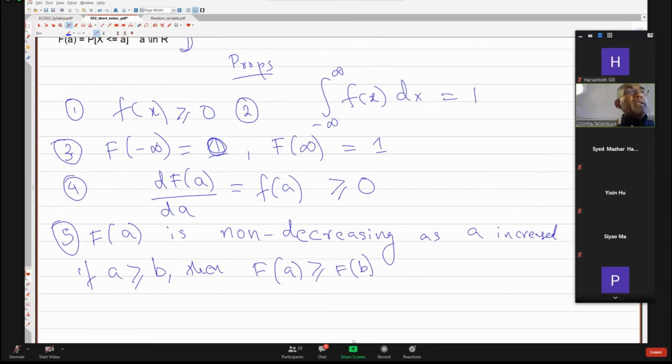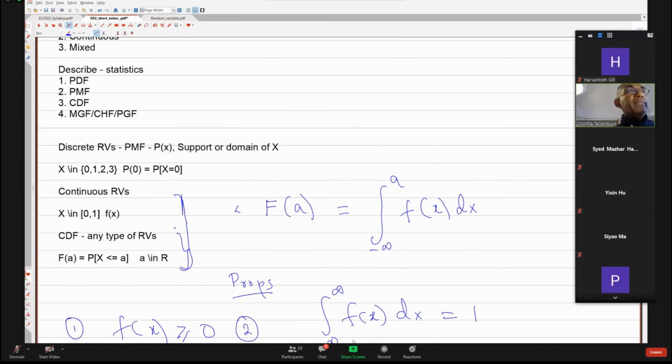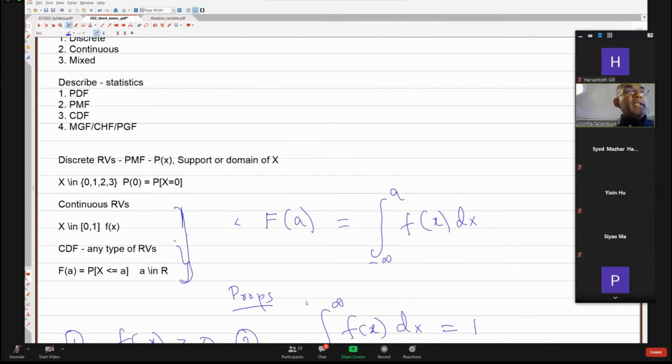Let's see. Okay, so I have to mention a bit about the discrete case. Now, remember, in the discrete case, the random variable is defined on a set of countable points. They are countable, right? So they are discrete. So in this case, I cannot differentiate. That's not very meaningful. And also integration, like calculus based integration, is not meaningful. So what we have to do is the following.